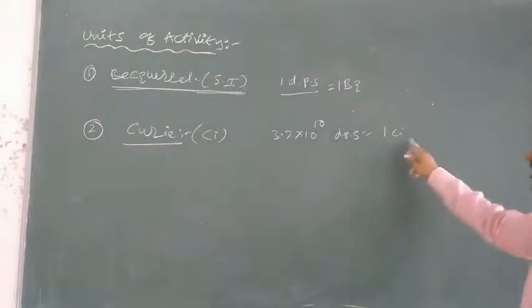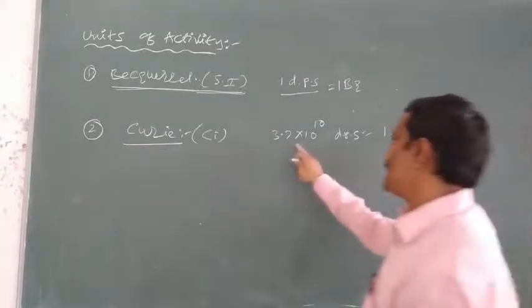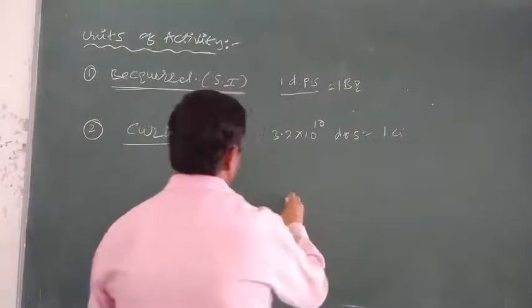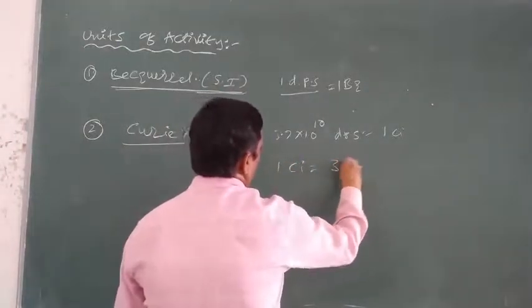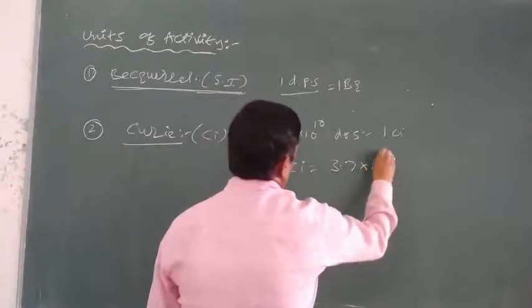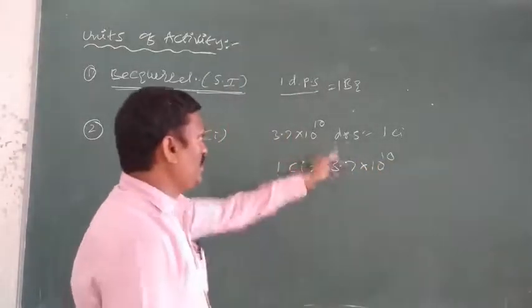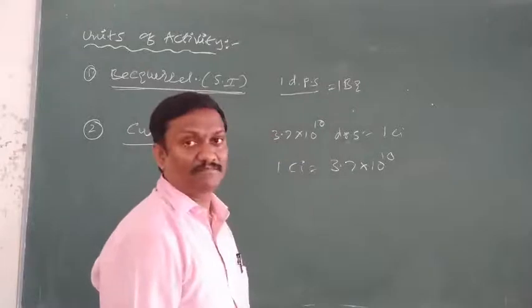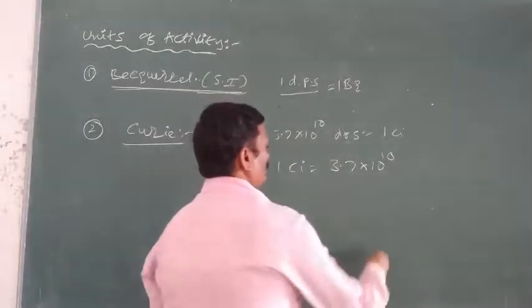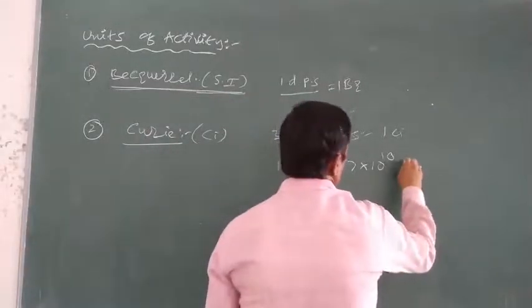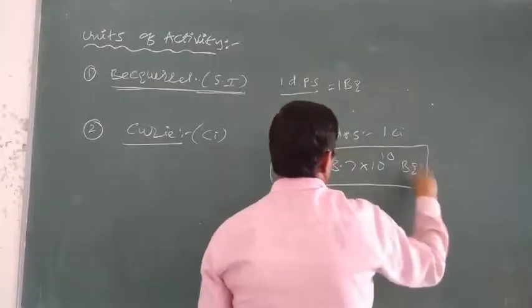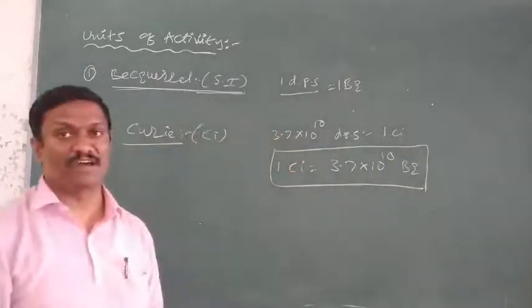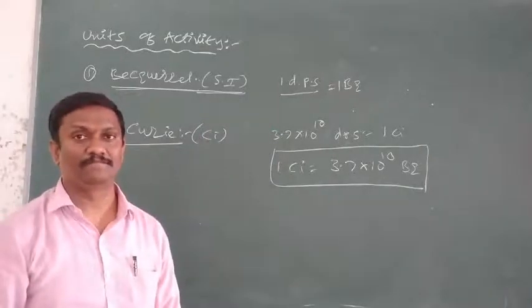So 1 Curie is equal to 3.7 into 10 power 10 disintegrations per second, or 1 Curie is equal to 3.7 into 10 power 10 becquerel. So it is also one more unit of activity.